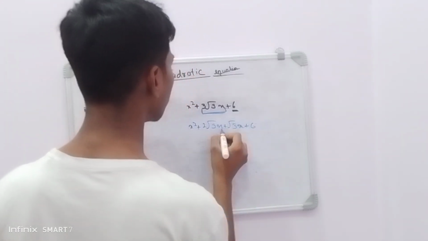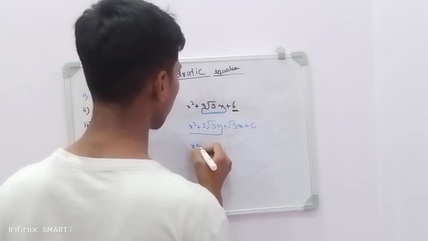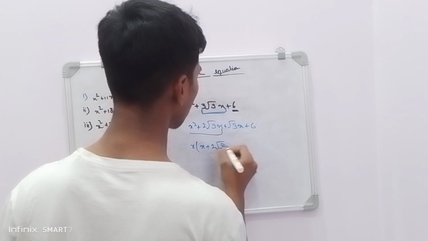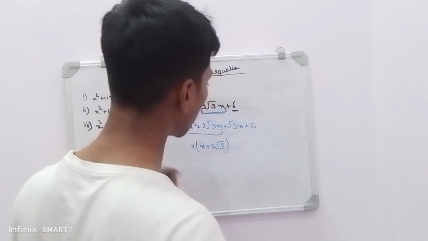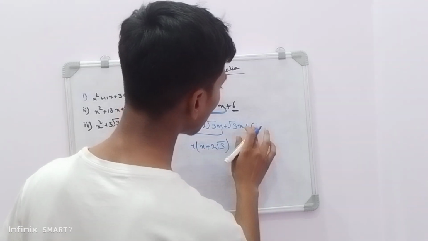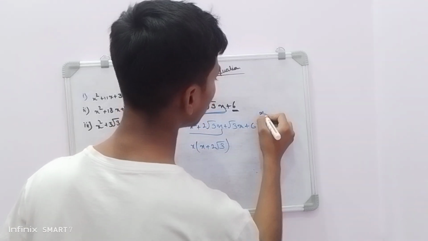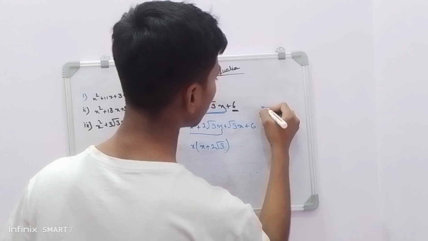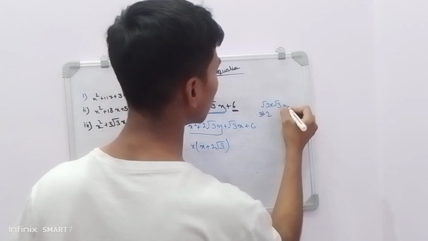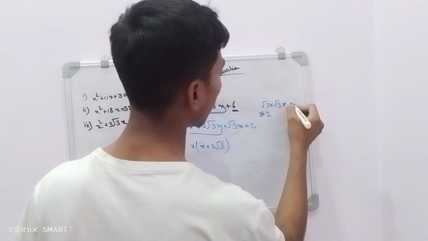So here what do we have as the common? x is a common. So x is the common, then remaining here x plus 2 root 3. And in this what do we have as the common? If you are not getting what the common is, you could write the 6 as 3 into 2, and 3 can be written as root 3 into root 3, because root 3 into root 3 is 3, and here the 2.